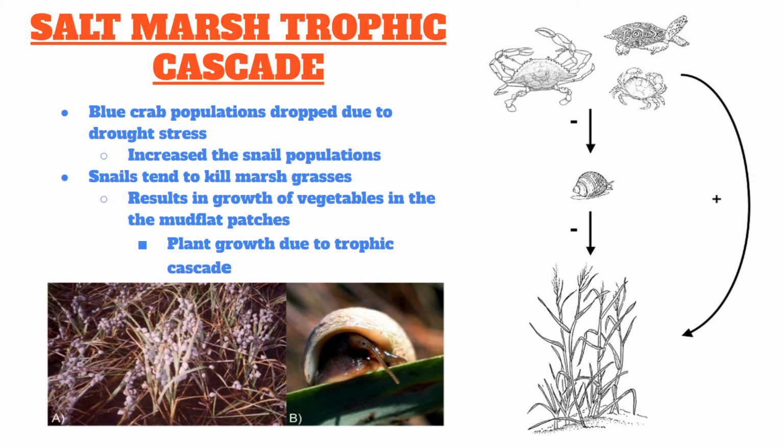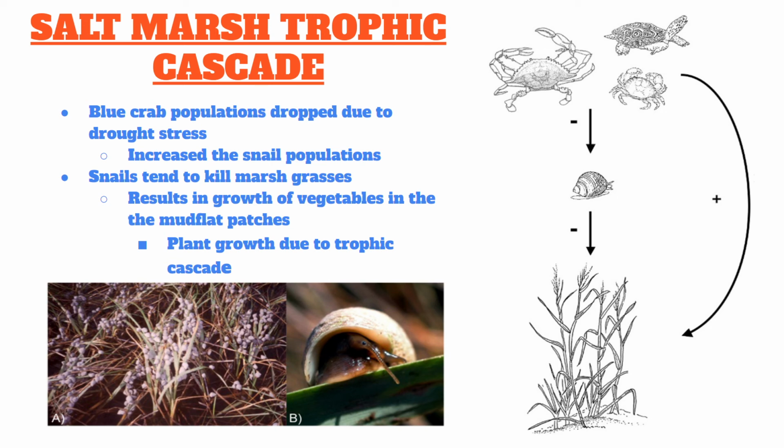So these snails end up killing the marsh grasses, because the snails need to eat this grass in order to survive. And so because there is less grass growing now, there is an increase in the growth of vegetation in the mudflat patch, which changes and alters what exists in that ecosystem.